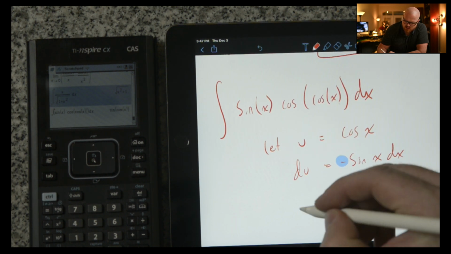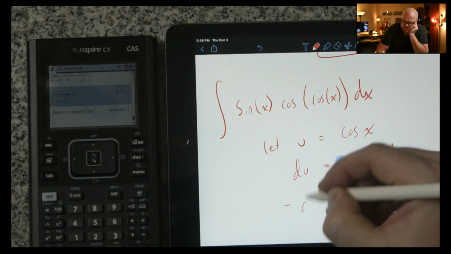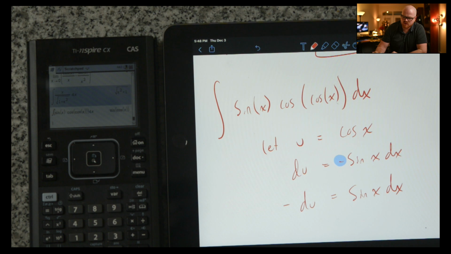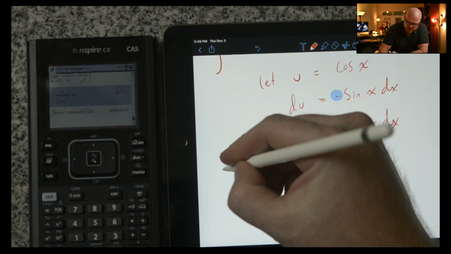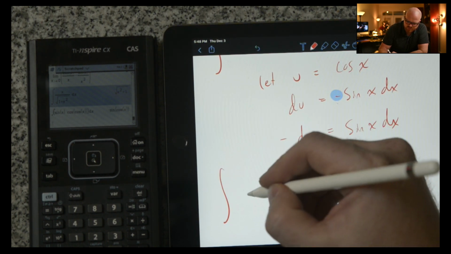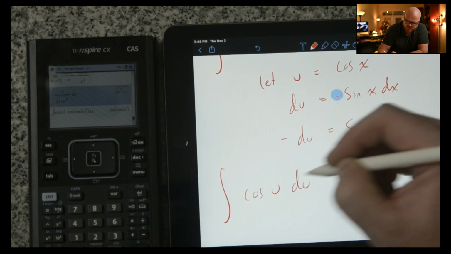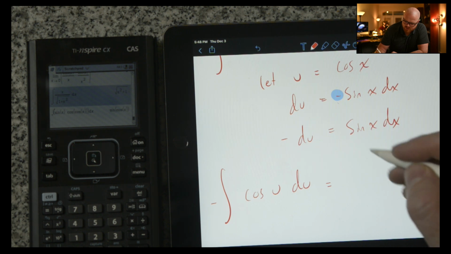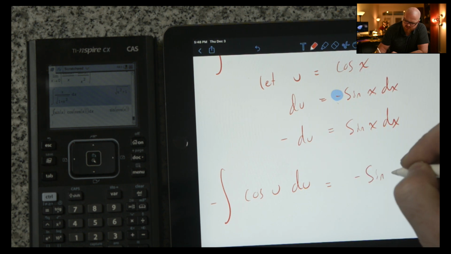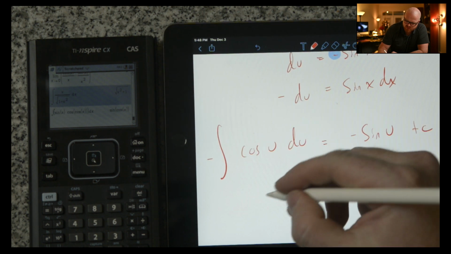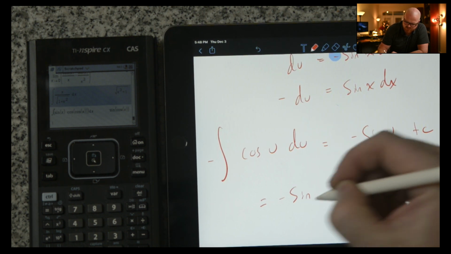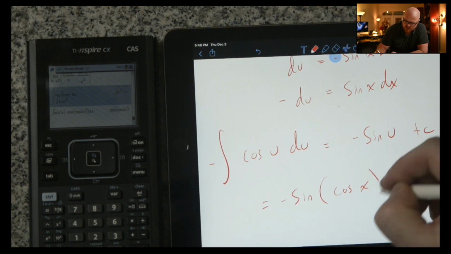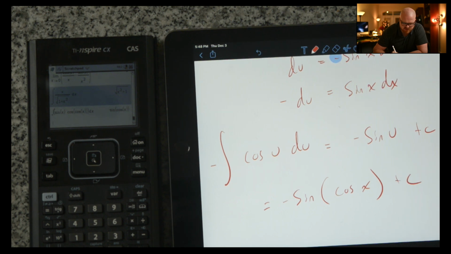So then the negative du would be equal to sine x dx. And then it would become the integral of negative cosine u du, and that would equal negative sine of u plus c, which when we plug back in would be negative sine of cosine x plus c.